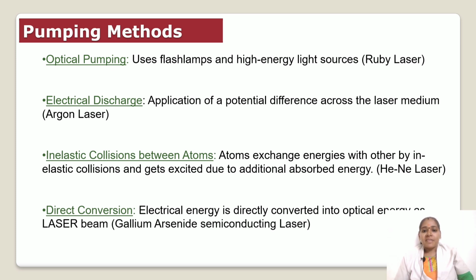So the process of raising more atoms to the excited state artificially, we simply call pumping methods. The methods commonly used for pumping action are optical pumping, electrical discharge method, inelastic collisions between atoms and direct conversion method. We are going to see them one by one in detail.